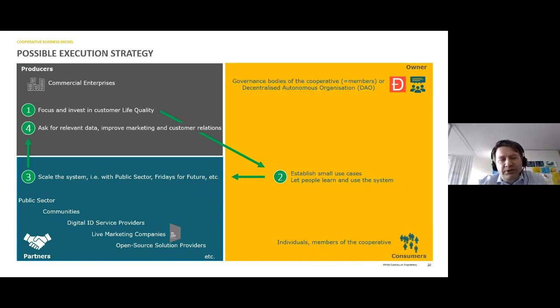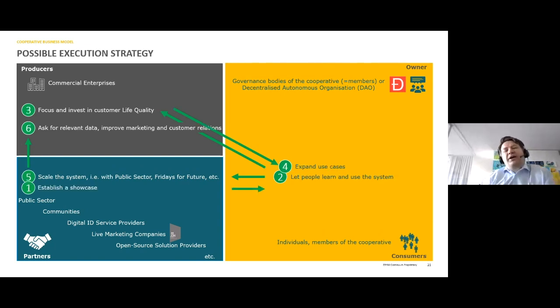approach. The world is not ideal, as we know. So you can imagine that in the execution of that strategy you would encounter a lot of barriers and challenges. So another possibility is, of course, establishing a showcase with partners first. Then let people learn and use the system. Then the enterprise realizes there's some benefit for us. We will be much more efficient going onto that construct in regards to marketing and data collection, as well as in regards to service design.